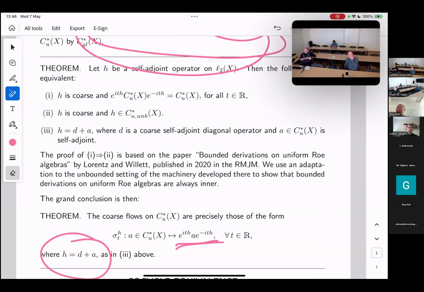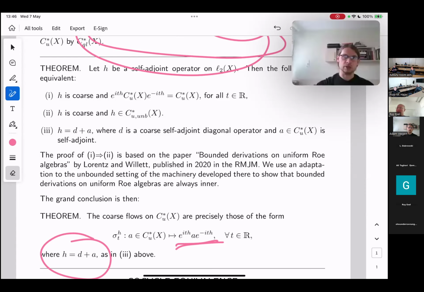Okay, anybody else? Adam, yes. I have a question, if I could. Since I saw bounded commutators, my immediate association is spectral triples. Is there any connection with the theory of spectral triples? I thought about it as well, but I don't know.